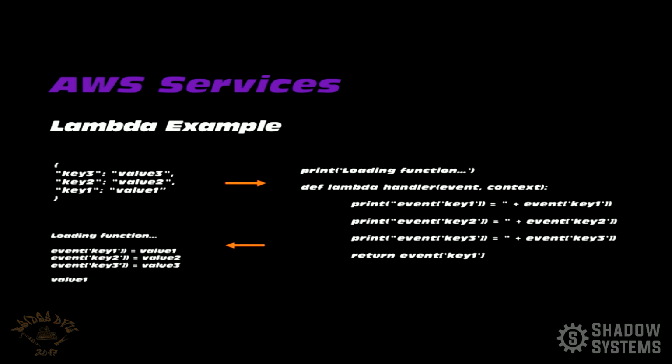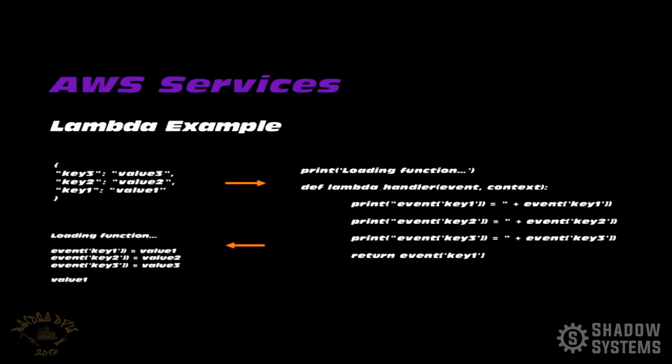So, a real simple, almost hello world example. We're going to feed in a JSON formatted input of key 1, 2, and 3, value 1, 2, and 3 into our very simplistic function over here, print loading function, and we're going to define a Lambda handler. That's going to be the main function within your Lambda function. It's handling an event.